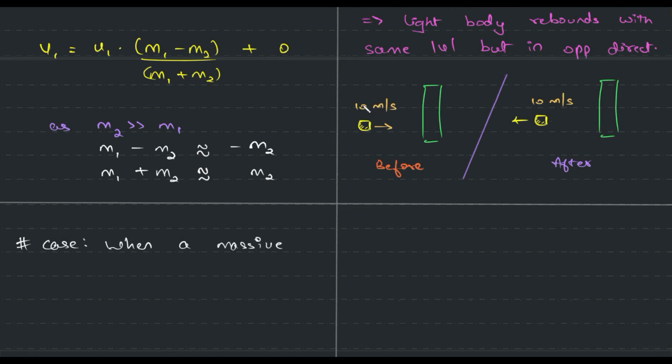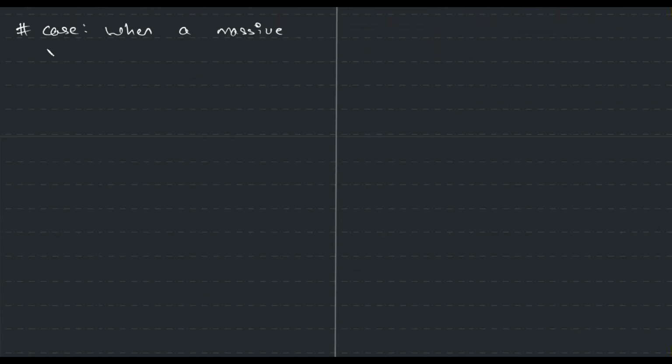You throw a ball against the wall, it comes back. So we're just looking at that. When a massive body collides against a light stationary object. So let's see what happens.